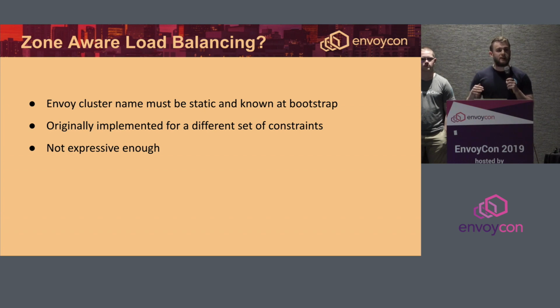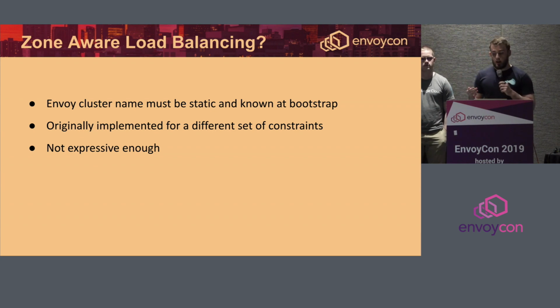We could have done some hacky rebooting of Envoy and then setting it every time it changed, but we decided not to do that just for pain reasons, basically. The reason it's static, as far as I understand it, is because the zone-aware stuff was introduced around the time of the V1 APIs, where config in general was much more static, and it was often pre-computed and served from a web server or S3 or something like that.